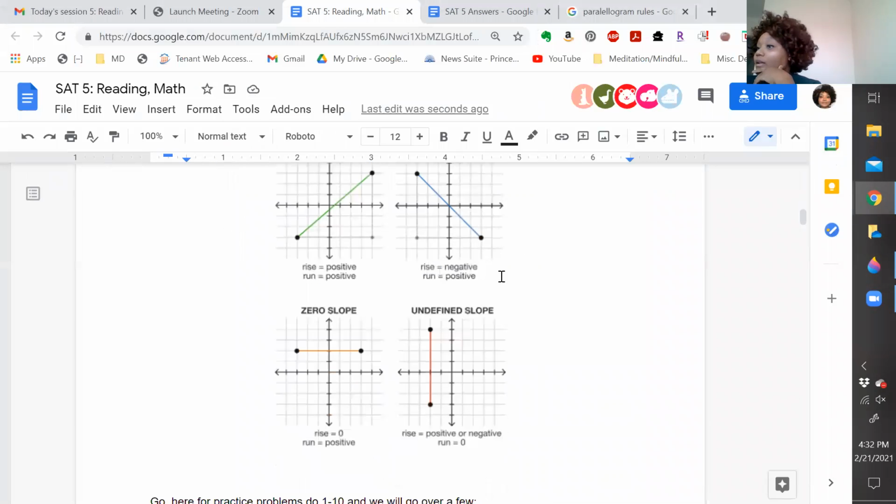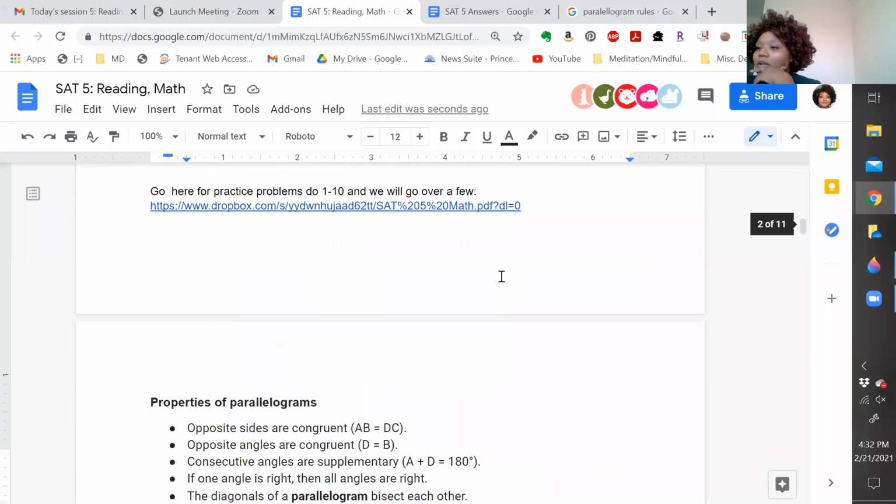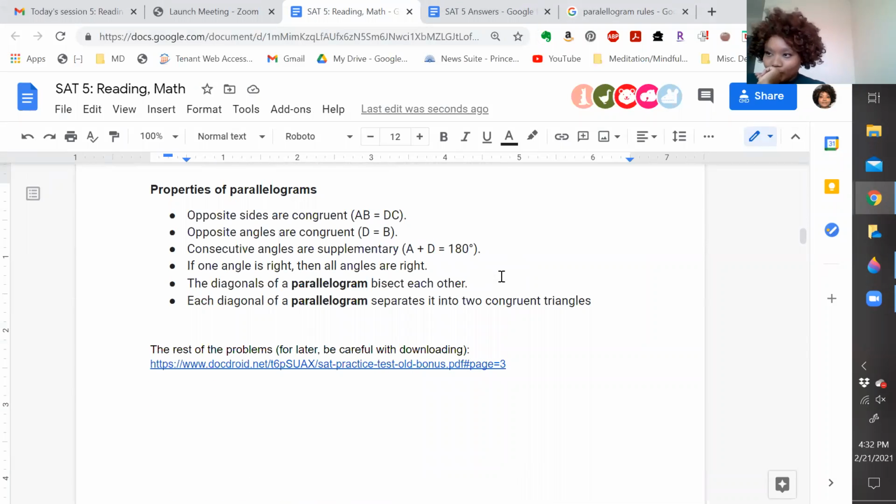Before we even get into that, I'm going to show you guys a little something on parallelograms. So parallelograms, which is what number 3 is dealing with. Opposite sides are congruent. Congruent meaning they're equal to each other. Opposite angles are congruent. So basically the thing for parallelograms, the thing opposite it is going to be the same measurement or the same quantity value.